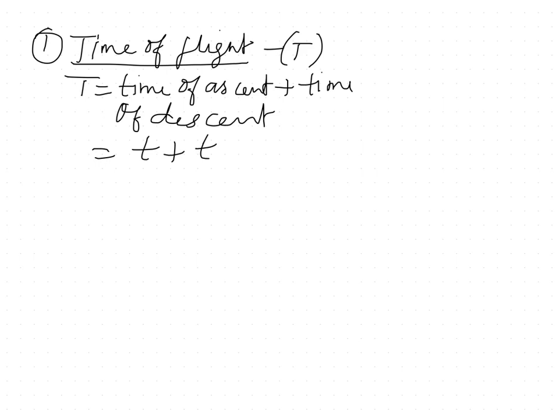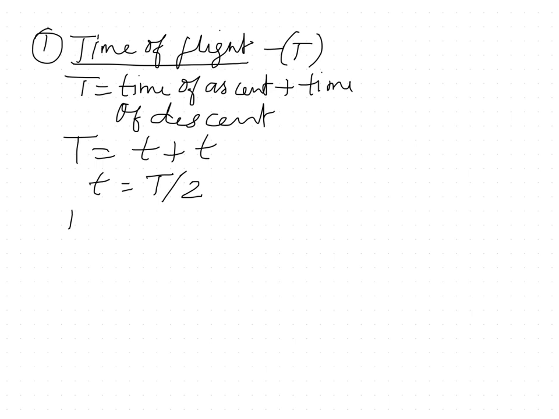Both are equal because the object takes the same time in going upwards and coming downwards. So small t, or time of ascent, can be written as T by 2, half of the total time of flight.